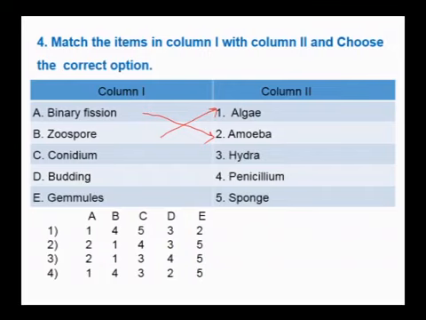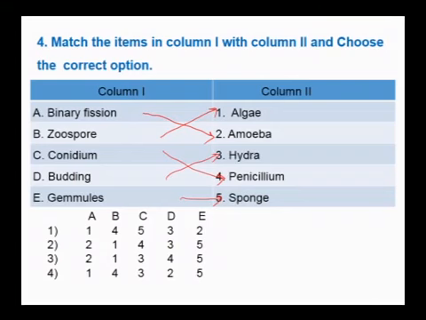Therefore conidia goes with penicillium, which is an ascomycete. Then budding can be seen in hydra. Budding is also a type of asexual reproduction even in yeast. Then gemmules are also called internal buds, which go with the sponge.